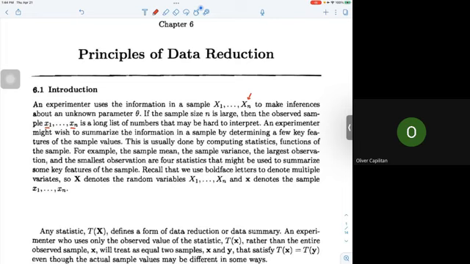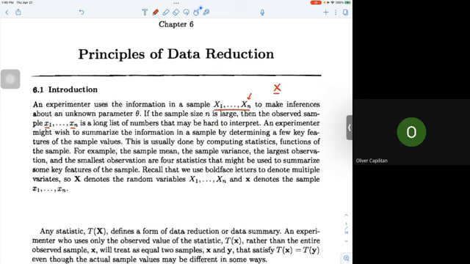You might wish to summarize the information in the sample by determining a few key features in the sample values. This is usually done by computing statistics. We all know that a statistic is also a random variable, which is a function of the sample. Sometimes we denote our sample by this vector x.